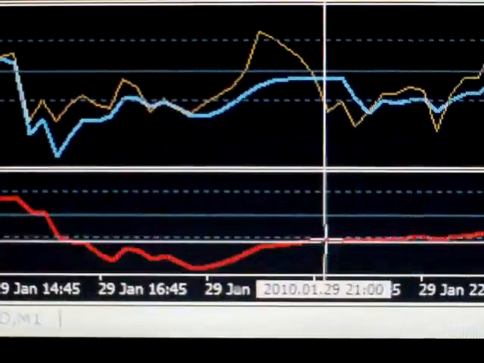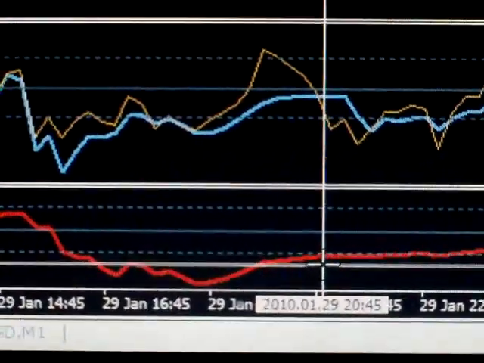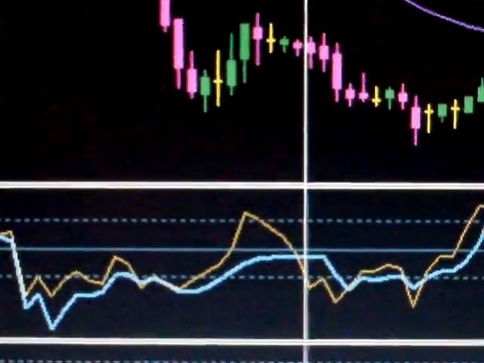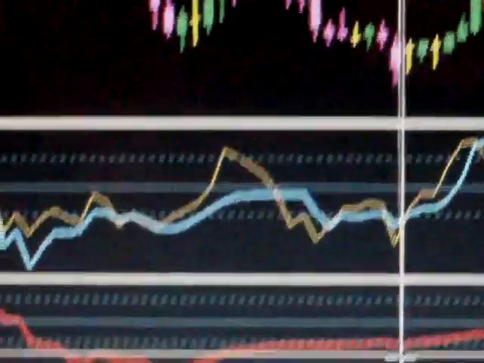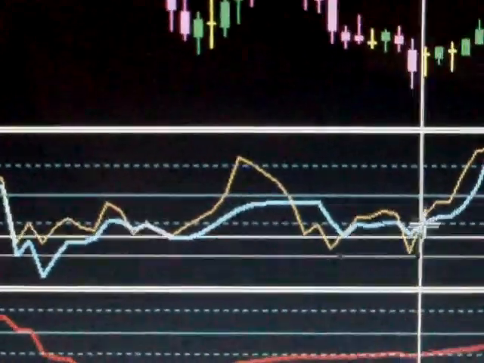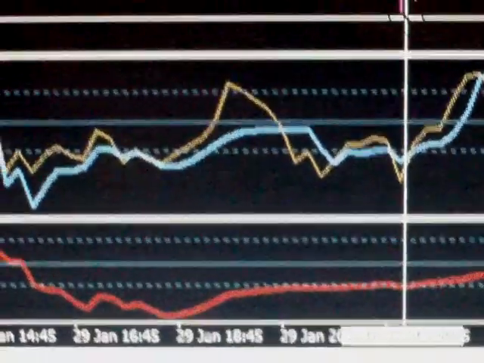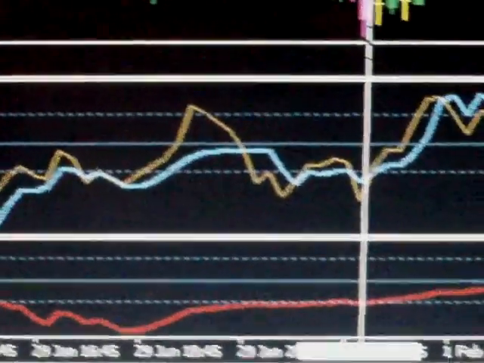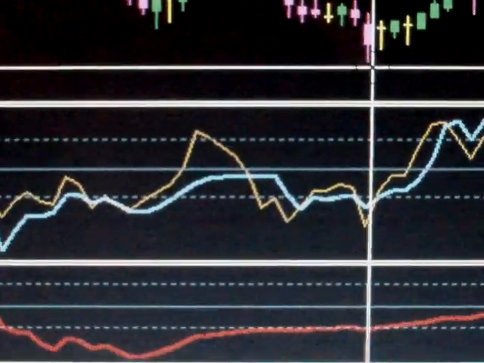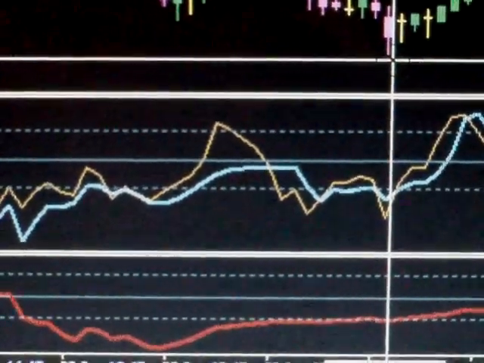That should really be the 15-minute CCI crossing back above 100, which doesn't happen until here. So if you use that to manage the trades, you'll get a very good result.